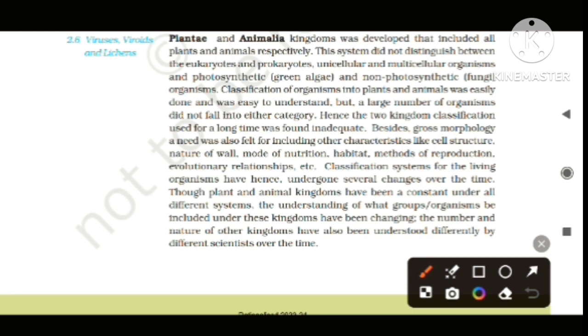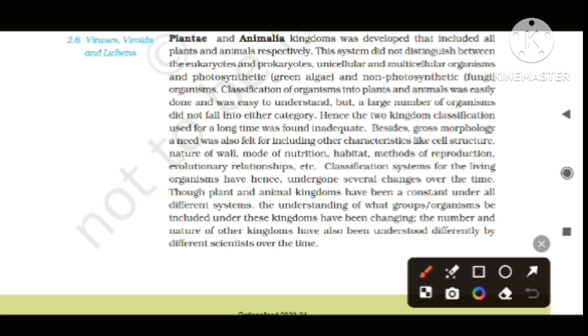Classification systems for living organisms have undergone several changes over time, though plant and animal kingdoms have been a constant under all different systems. The understanding of what groups of organisms should be included under these kingdoms has been changing.